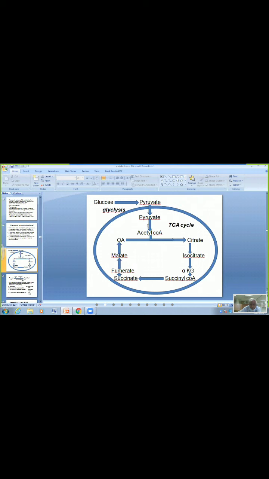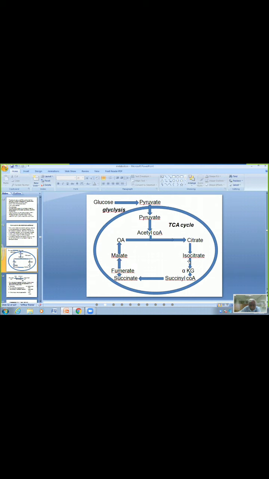So one molecule of carbon dioxide is produced during the conversion of pyruvate to acetyl-CoA. Again, another molecule of carbon dioxide is produced when isocitrate is converted to alpha ketoglutarate.